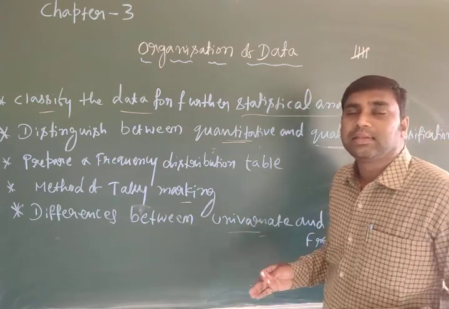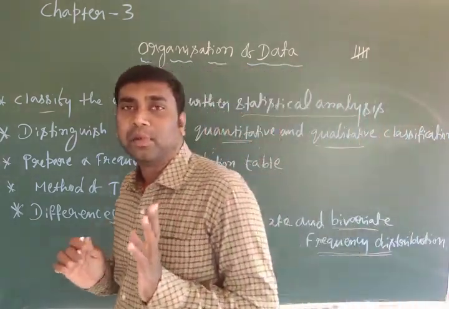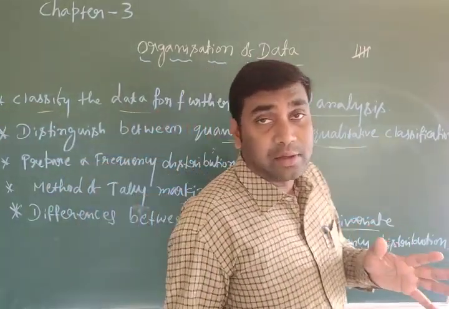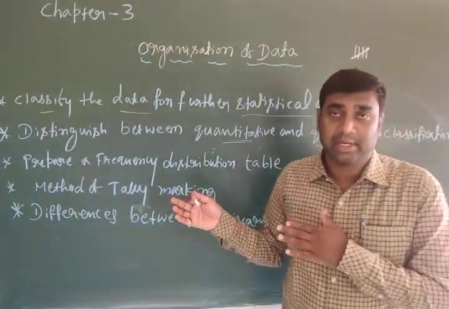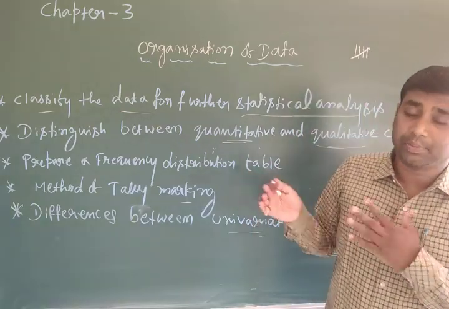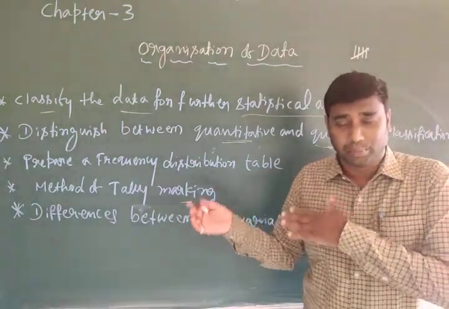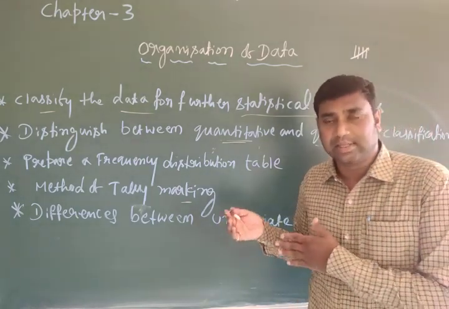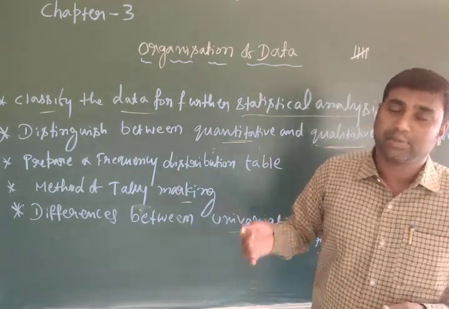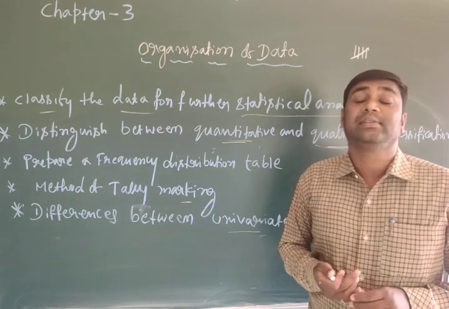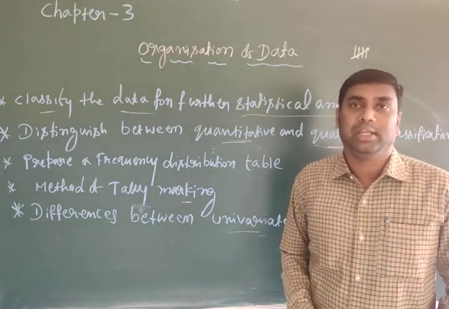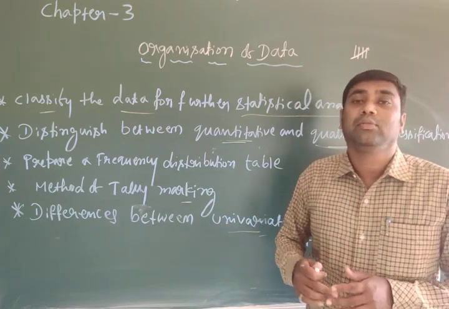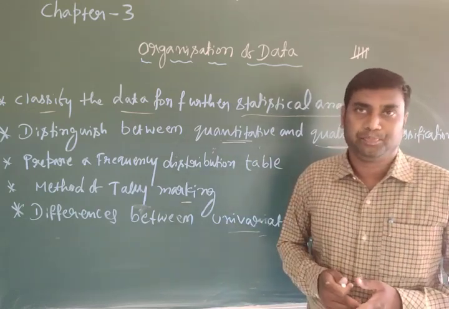So this is organization of data. That means after collecting the data from the sources, through primary data and secondary data, or through personal interview, telephone interview, mailing questionnaire, pilot survey, census, national sample survey organization, whatever information we collect, we have to arrange properly, maintain properly, and organize properly.